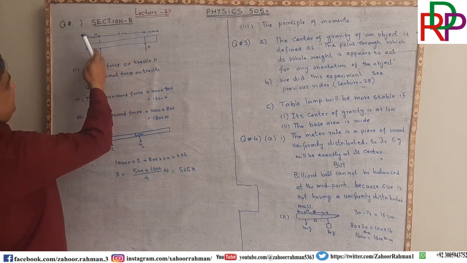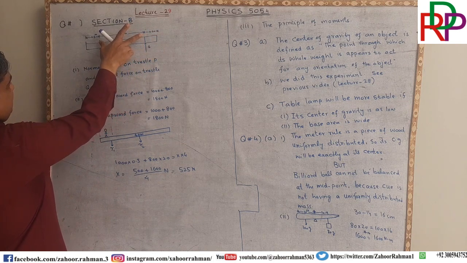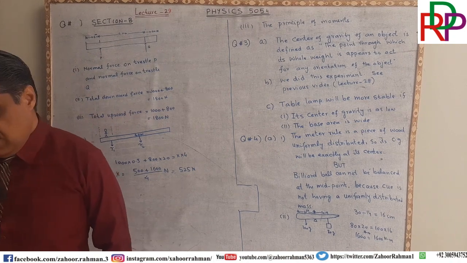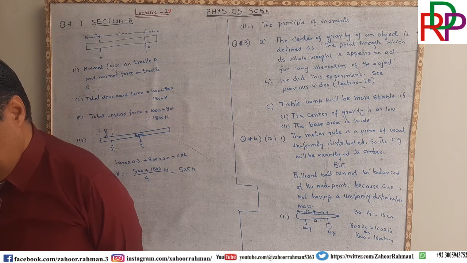Because 0.5 and 0.5, 1 meter and 4 meter is this. The total length of this plank is 5 meter and it weighs 800 Newton.